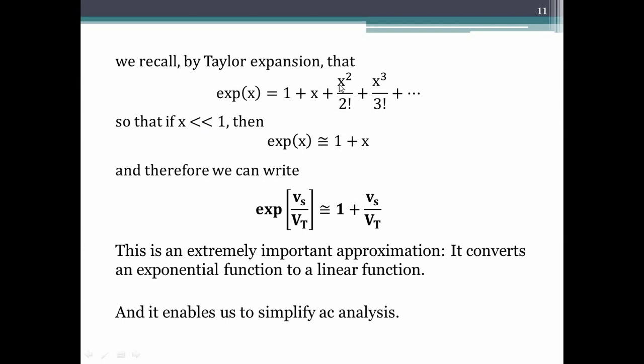Just as an example, if x was 0.1, much less than 1, then this is 0.1, this is 0.1 squared by 2, which is 0.005. So 0.1 here, 0.005 here, and this will be 0.0000 something. I don't know how much it is, but it is very small. So we can ignore these two terms and say e raised to x is approximately 1 plus x.